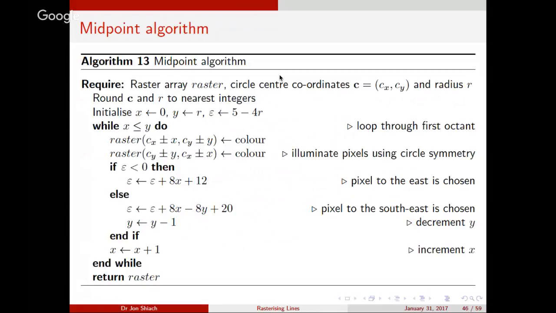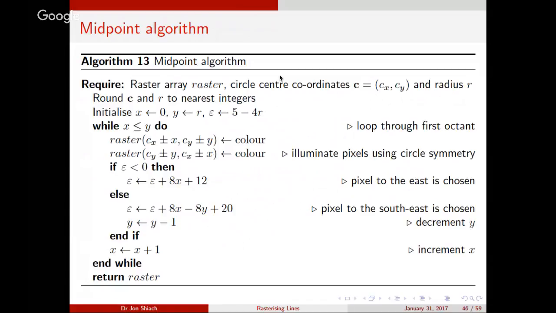If epsilon is less than 0, the pixel to the east is chosen, and we add on 8x plus 12, because that was the change in error. Notice that in this case, the change in error isn't constant like it was for the line drawing. It depends upon your values of x and y. So we can't pre-calculate that. We have to calculate that in each step.